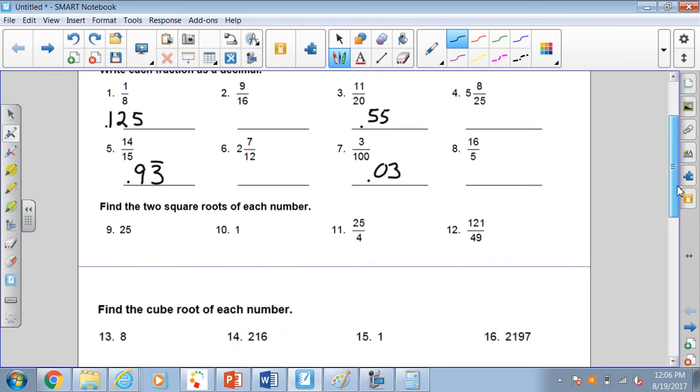All right, and if I do that, I realize that I have to find a number that multiplied to itself will equal 25. Well, again, I could very easily use my calculator. I mean, I could use my brain too, and I know that 5 times 5 equals 25. But I have to remember that the equation says that the square root of 25 is going to equal a positive or negative 5.